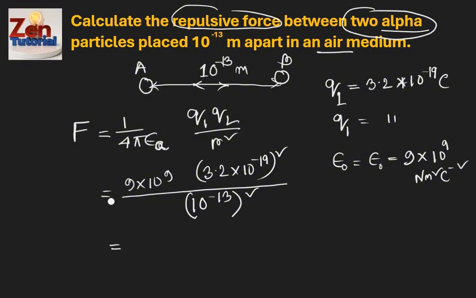So after calculation, the value of the repulsive force is 9.21 into 10 to the power minus 2 Newton. So this is the answer. This amount of repulsive force will arise here if two particles are separated by a distance of 10 to the power minus 13 meter.